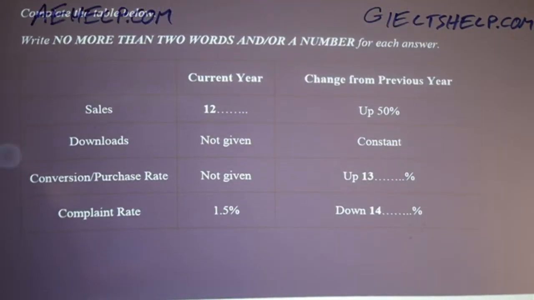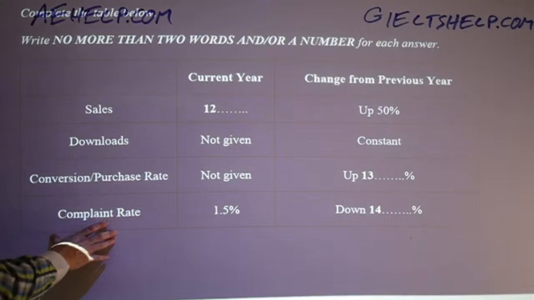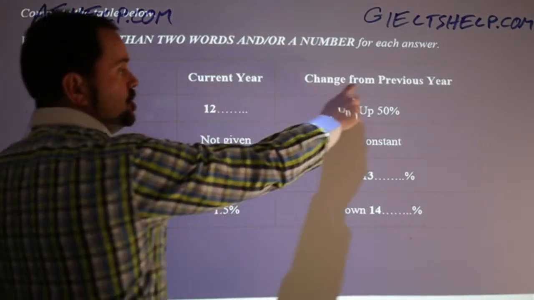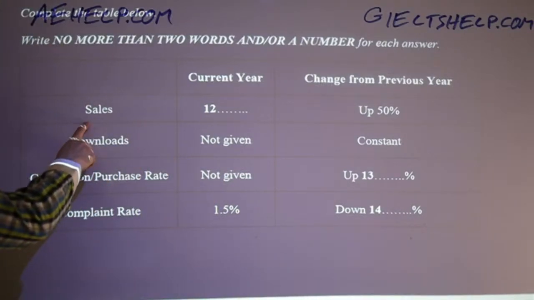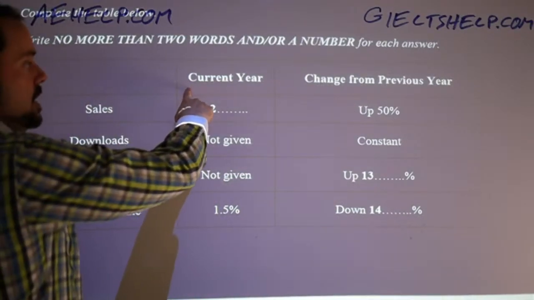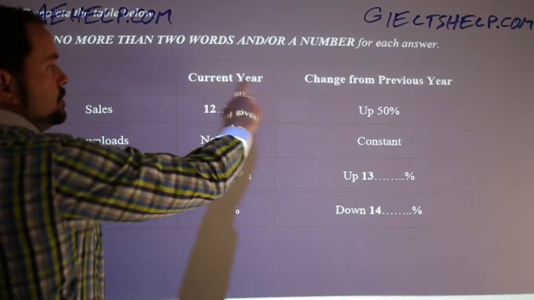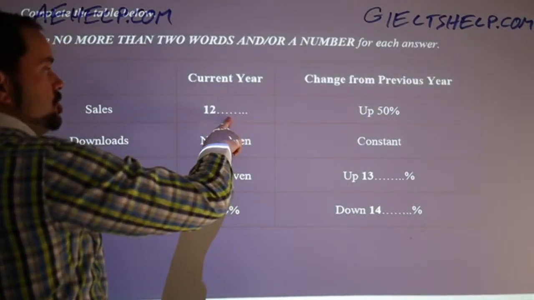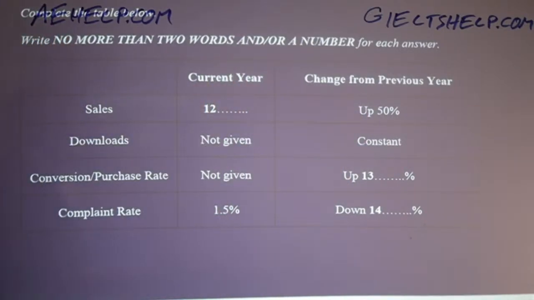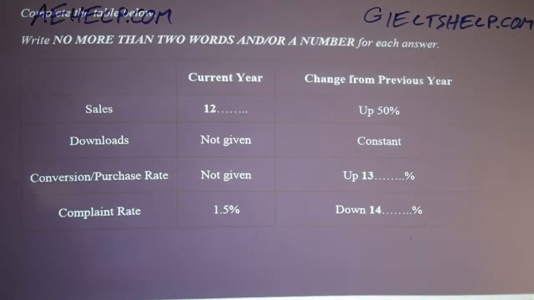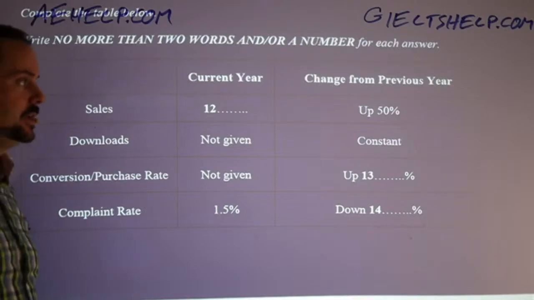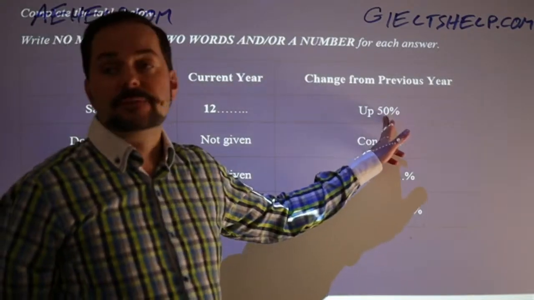Okay. All right. Here we go. Table completion. Fairly tricky, but if you paid attention, really pay attention to the columns. So the current year changed from the previous year, 50% up in sales. So here you needed the number. This was the change, and this is the actual number. So in the current year, how many units did they sell? It was kind of tricky because they said the answer really quickly. They said it's up 50%.